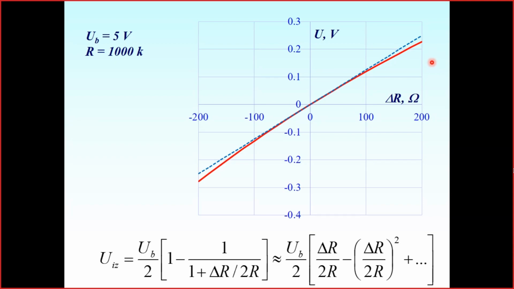Even if we ignore the second term, we may still use the bridge in imbalanced mode up to a delta R of more or less plus or minus 5% of the total value of R. That is quite typical for measurement transducers. They quite seldom change resistance dramatically. The resistance change is usually within some 5%, or even less. So this is a very good approach to convert the resistance of the transducer into output voltage.